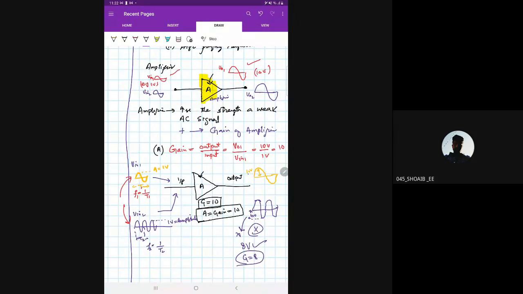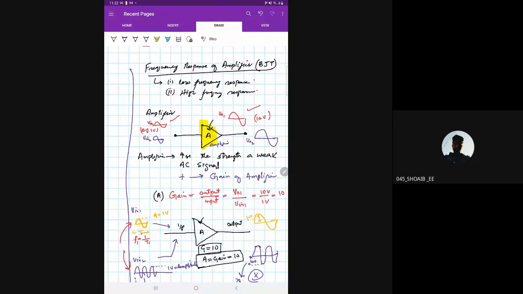So these amplifiers are very highly frequency specific. यानी input signal की जो frequency है, they have a very high impact on these amplifiers. That is why we are studying low frequency response and high frequency response. यानी एक amplifier low frequency में कैसे behave करेगा and high frequency में कैसे behave करेगा.